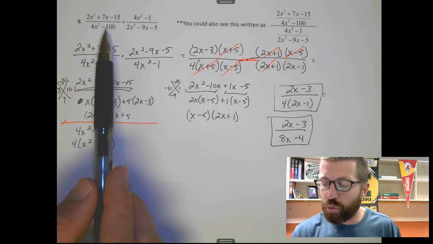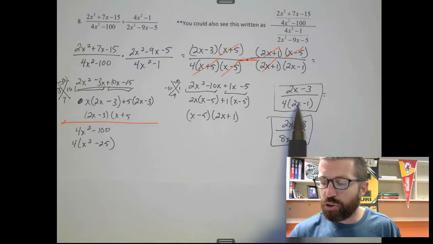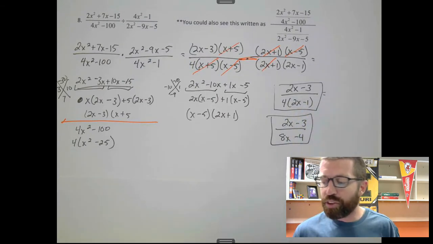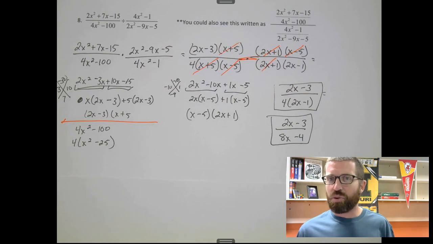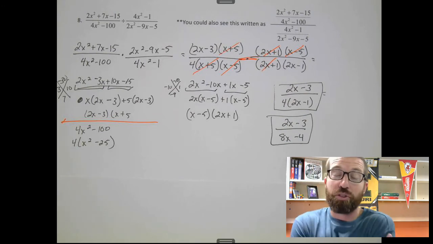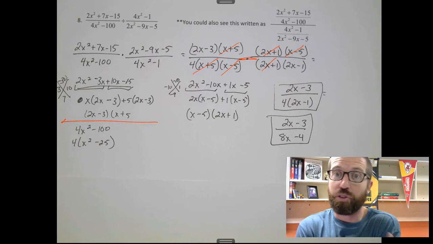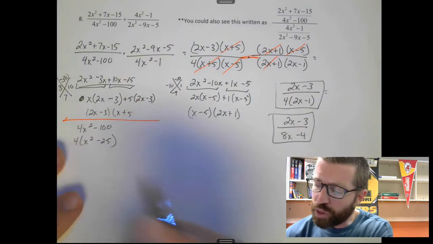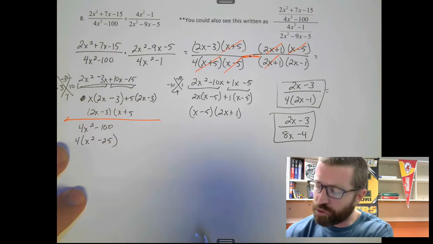So if you graph this in y1 and graph this in y2, the graphs should look exactly the same because they are equivalent. This is a tedious thing to do, right? And so you probably don't want to check your work like that on a homework question, but it's a good way to check your work on a test or quiz, or if this were an ACT question, this is equivalent to this.